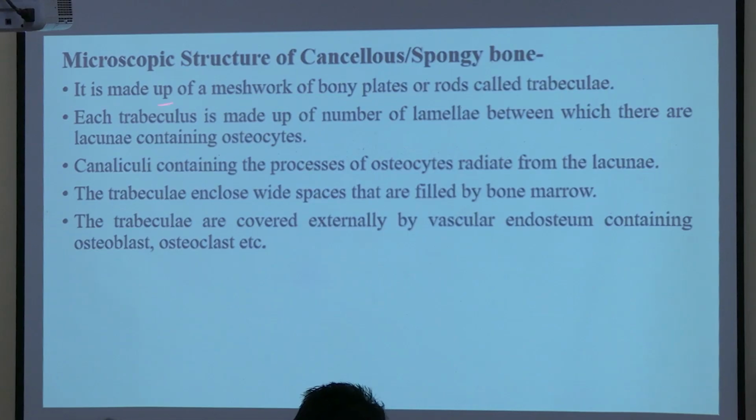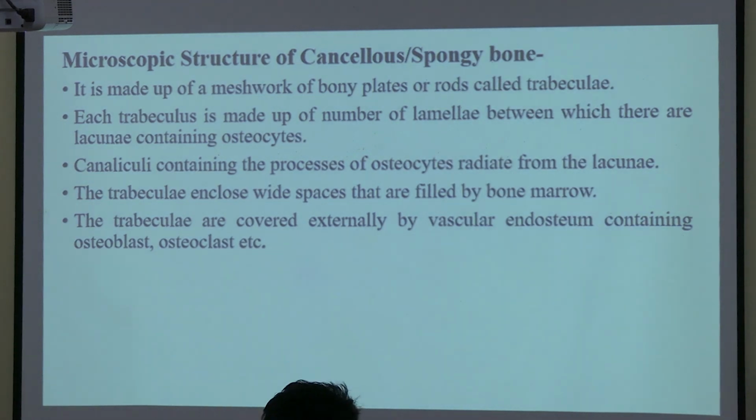Microscopic structure of a cancellous or spongy bone. Now, if you see the cancellous or spongy bone, I have shown you the appearance: trabecular or meshwork-like appearance. These are called trabeculae. Each trabecula is made up of a number of lamellae, between which lacunae are there, where the osteocytes are present.